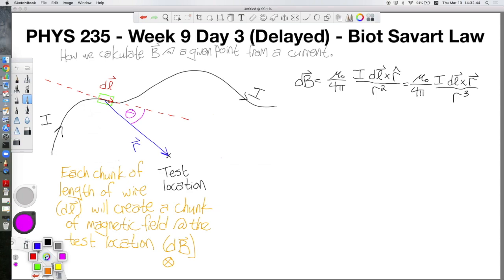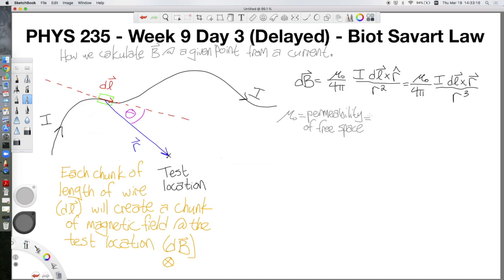To define this new constant I've put in here, mu naught is going to be similar to epsilon naught. Epsilon naught was the permittivity of free space and dealt with how easy it is to establish an electric field in a vacuum. Mu naught is called the permeability of free space, and deals with the same concept but with magnetic fields.